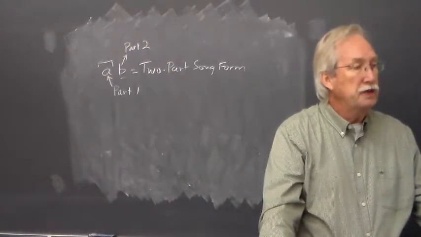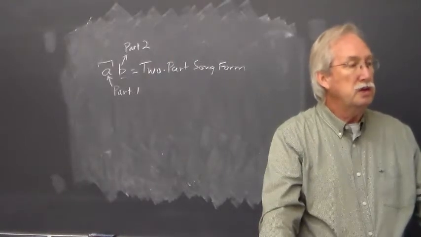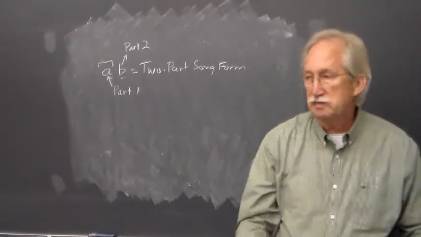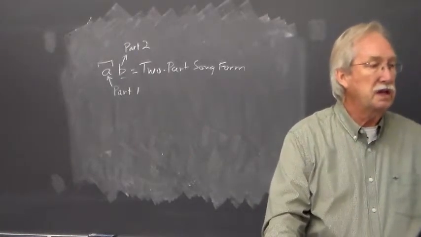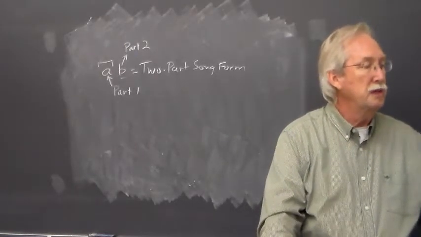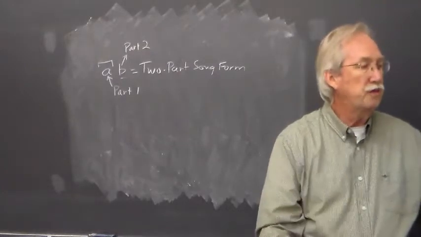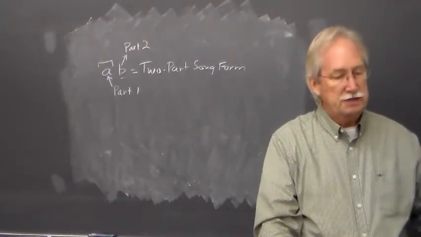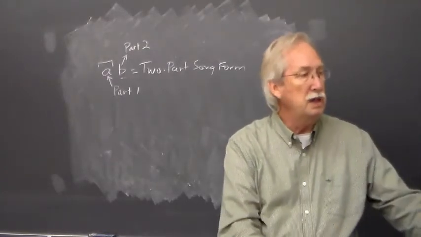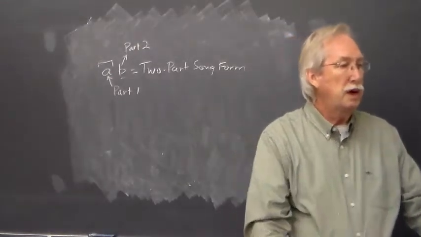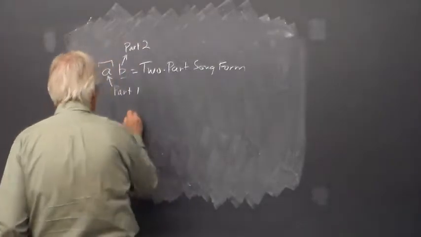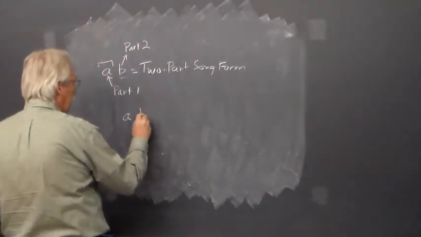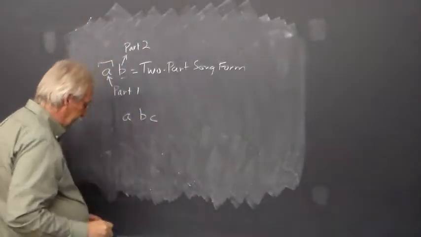And this form includes contrasting periods, so that's what this was, and contrasting double periods. Also, it includes phrase groups that have these different types of possibilities, A prime B, A, B, B prime, or A, B, C.